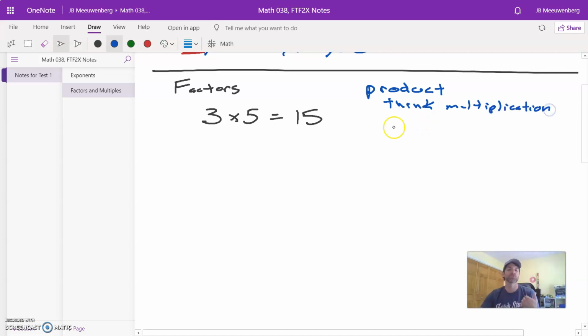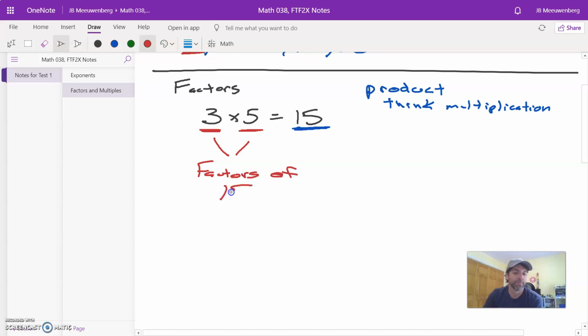And specifically, it's referring to the result of multiplication. Okay, so we say the product of 3 and 5 is 15. When we multiply 3 and 5, we get 15 as our answer. These numbers here, the things that we multiplied, we say are factors of 15. 3 and 5 are factors of 15.